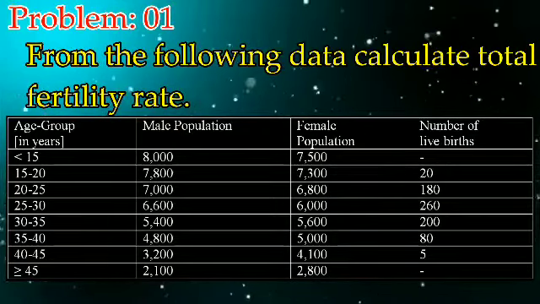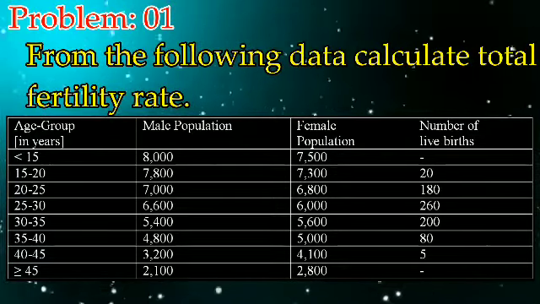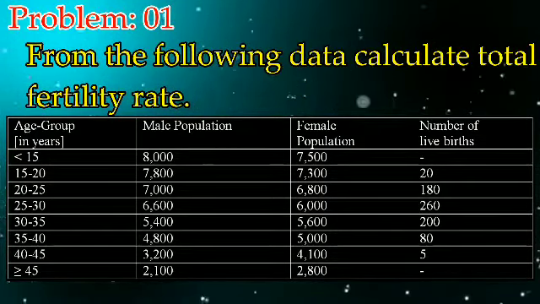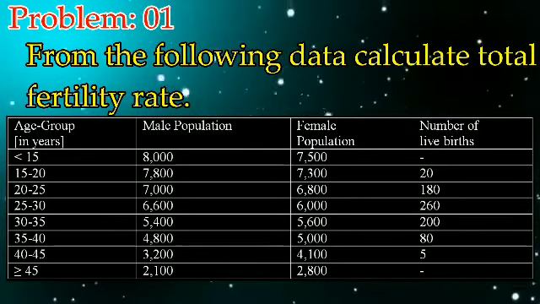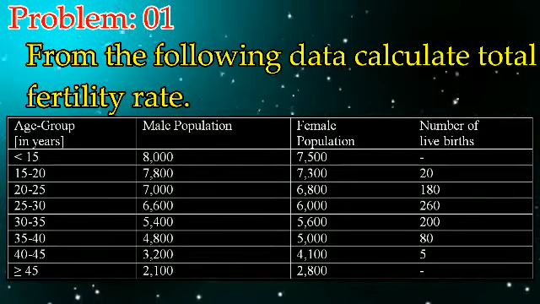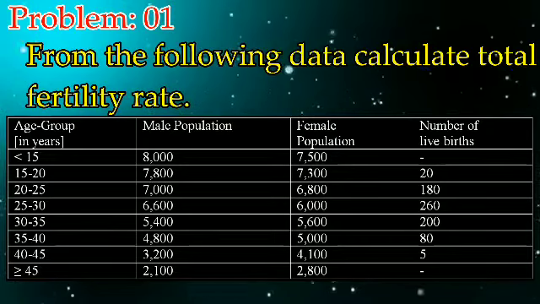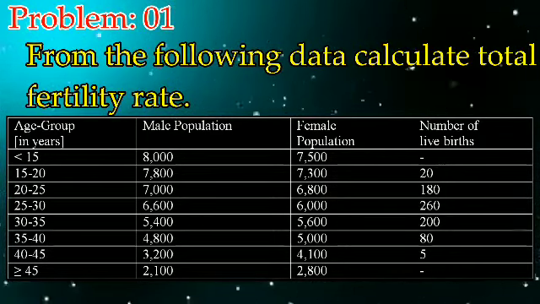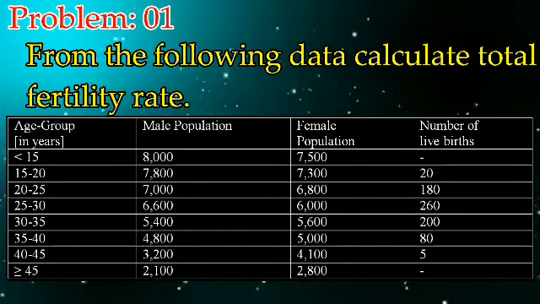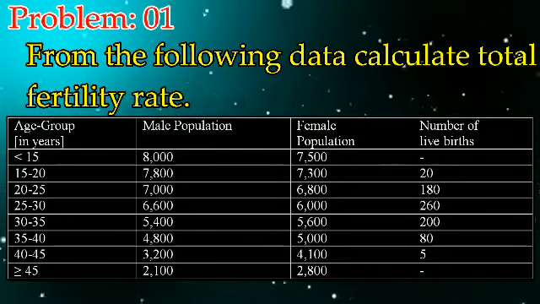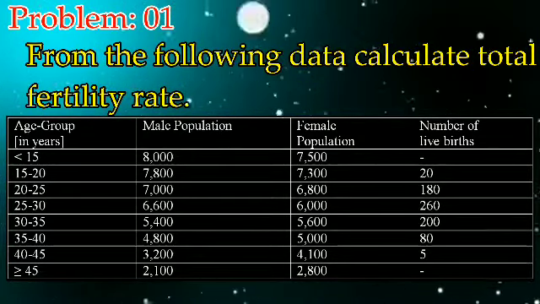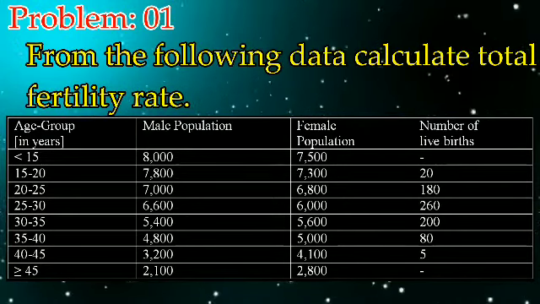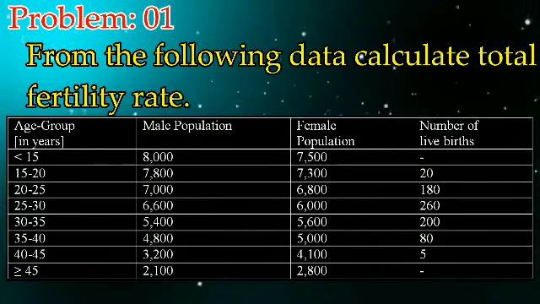Now all these classes are exclusive class intervals, which means the upper limit of the previous class is the lower limit of its succeeding class. That is, 20 is the upper limit of my previous class and that 20 is continued in its succeeding class, which means the values are repeated.